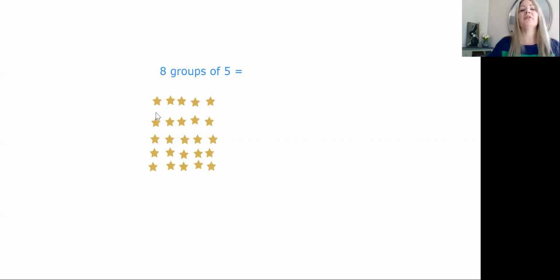I've got 1 group of 5, 2 groups of 5, 3 groups of 5, 4 groups of 5, 5 groups of 5, 6, 7, 8. I'm just going to mark out how many more rows I need, and then go back in and fill them up so that they're rows of 5 or groups of 5.